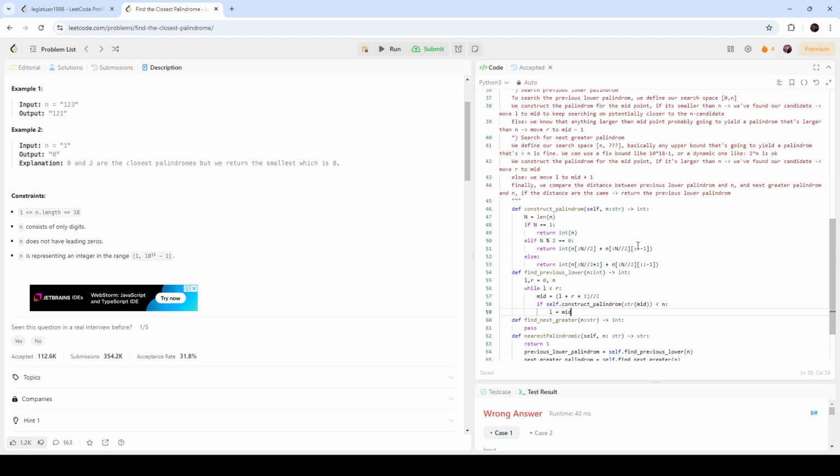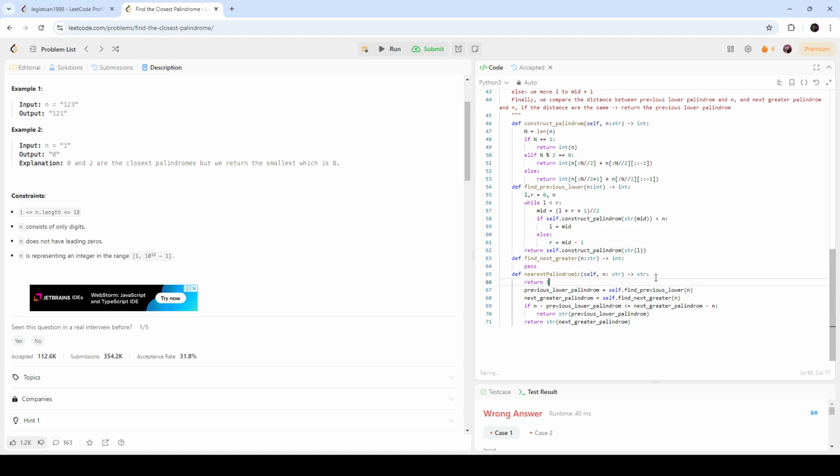Else go to mid, else then we're just going to lower our search space, and in the end we just return what? self.construct palindrome string l, right? So to make sure it's worked correctly, we're going to print self.reverse lower 1 to 3.